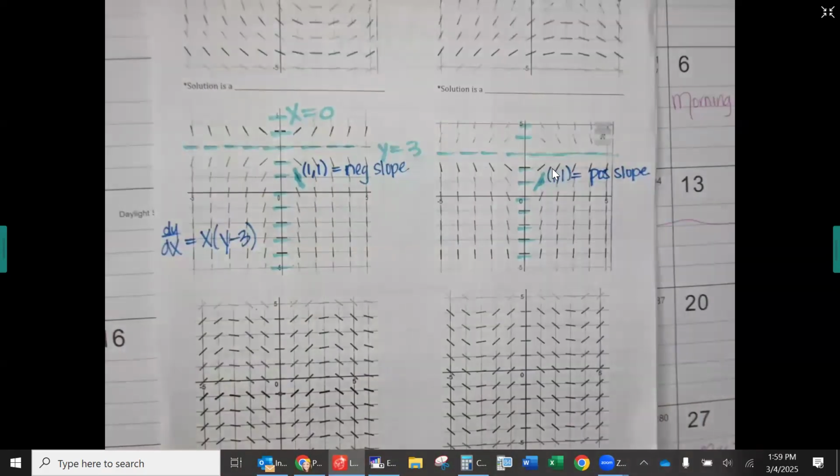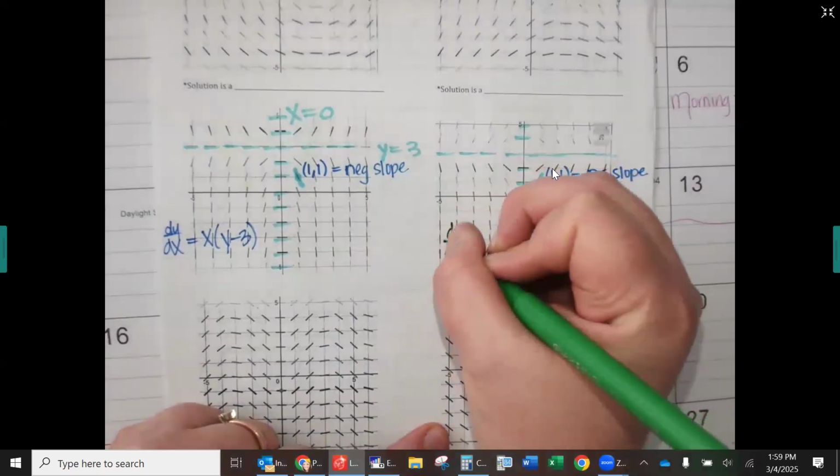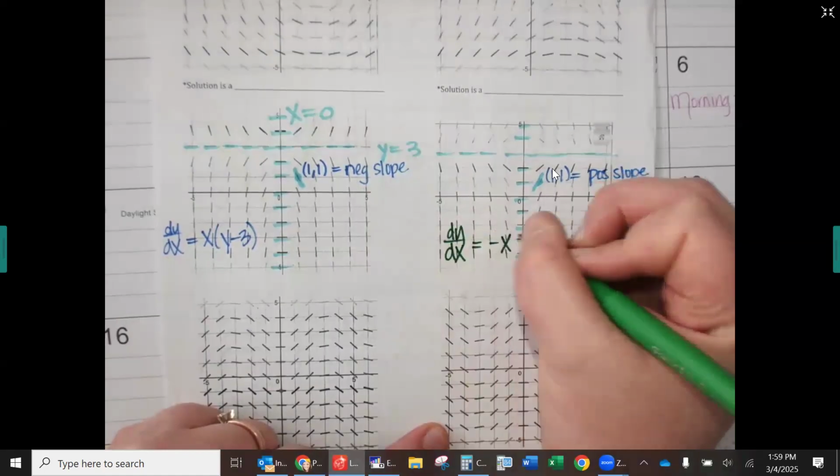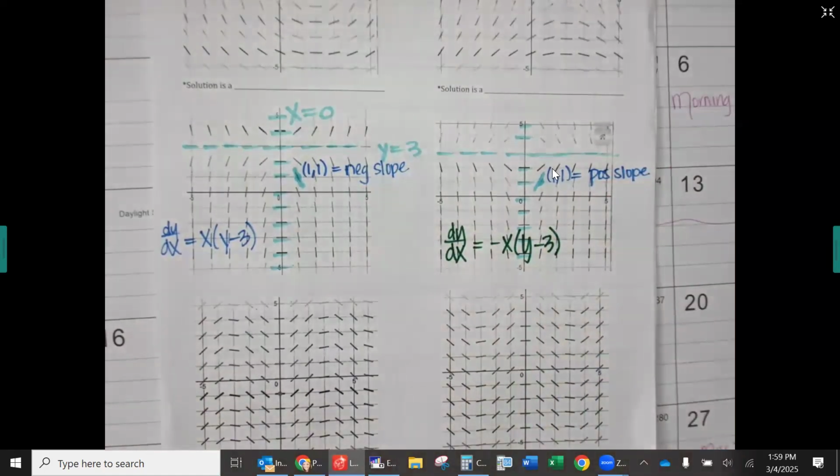Okay, and then if that's the match for the first one, then you automatically know that the second one has to be negative x, y minus 3. Now, just to double check, go ahead and plug in your 1, 1. If this is a negative 1 times a 1 minus 3, the negatives will cancel out and they'll give me the positive that I want. Okay, so those two are done.